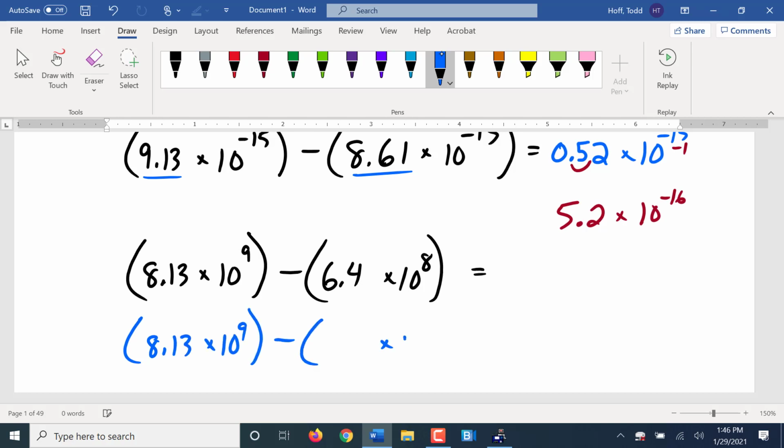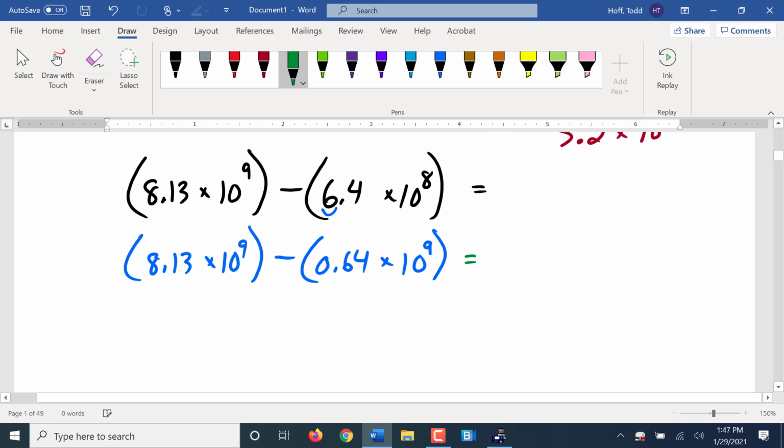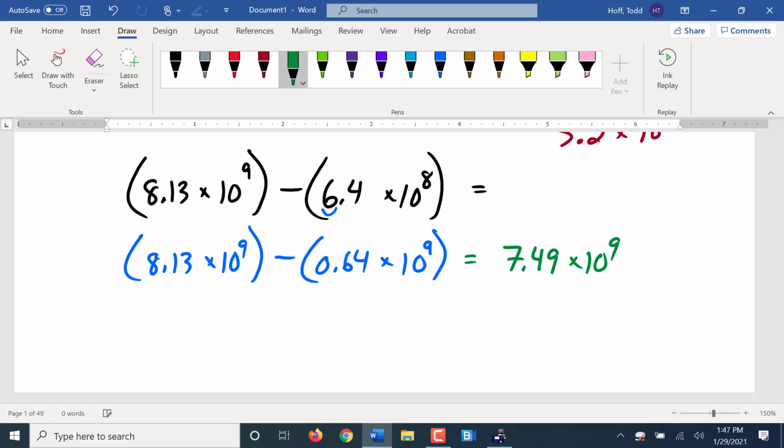This one's going to have to become times 10 to the 9th. Power got bigger, number gets smaller, 0.64. You got it. We subtract 8.13 minus 0.64. You got the right idea. 7.49. You did, Adam, yeah. Times 10 to the 9th. There we go.